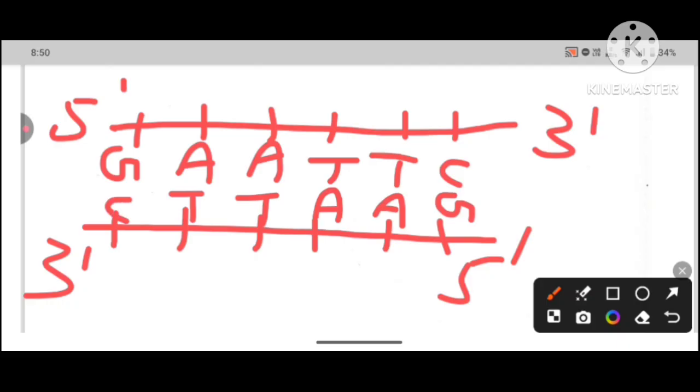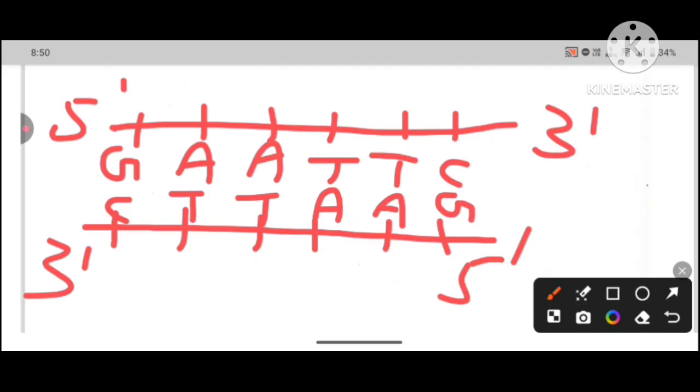If you observe the sequence in the 5 prime to 3 prime direction, it reads GAATTC, and the 3 prime to 5 prime direction of the other strand gives the same sequence. If you read the base pair sequence in both strands in opposite directions, the sequence is the same. In whatever strand or direction you observe the sequence, it will be the same.